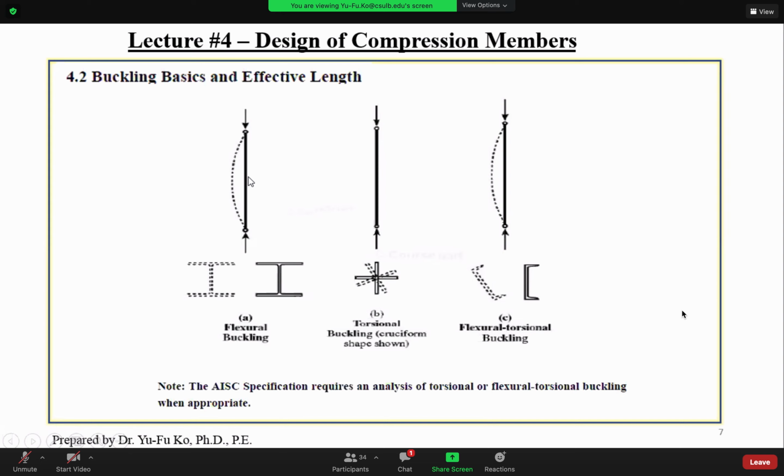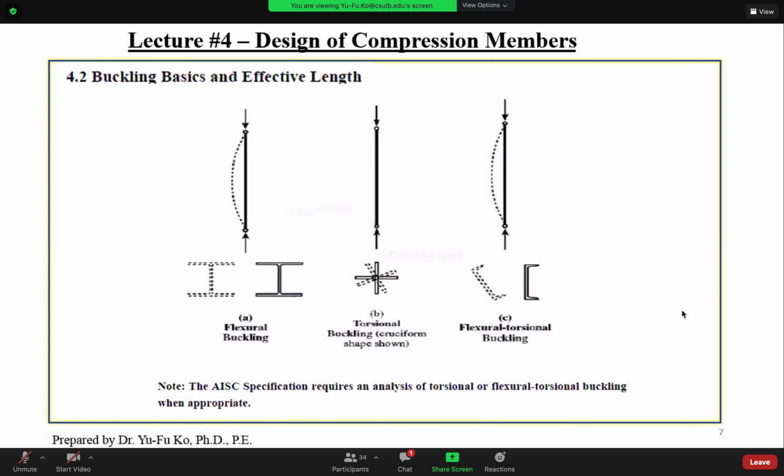This member, the first section right here, will displace to this dashed line. This is what we call flexural buckling. This is a very dangerous failure because it happens so quickly. It's sudden.